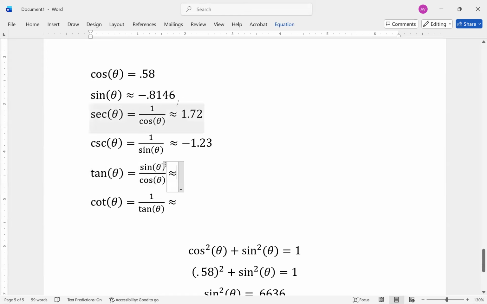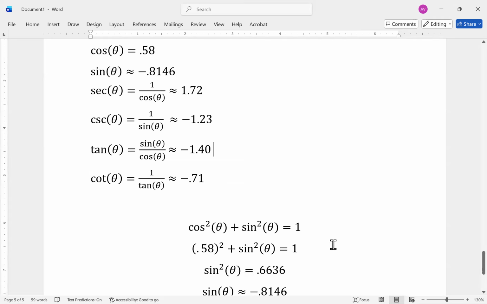Tangent is sine over cosine, so we get negative 0.8146 divided by 0.58. That's about negative 1.40. And then cotangent is the reciprocal of that. You can also write cosine over sine. That's about negative 0.71, et cetera, et cetera.